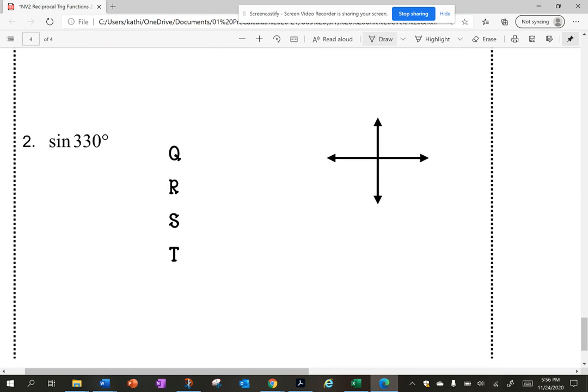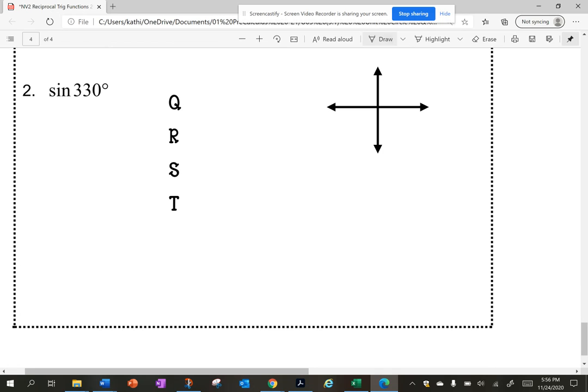All right, let's try another one. 330 degrees. So first thing I'm going to do is graph this. I know this is putting me over here. 330 degrees, so I'm going in the positive rotation here. I know sine by definition is y.